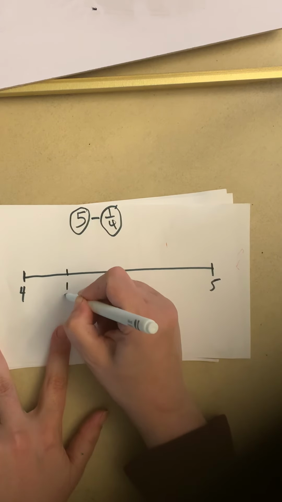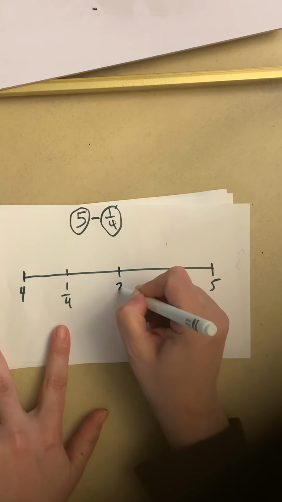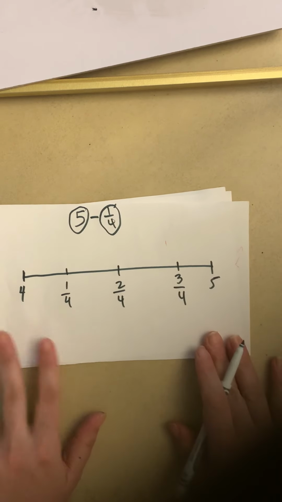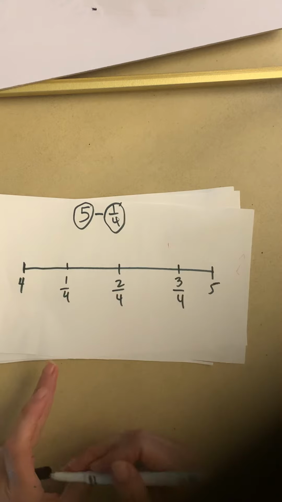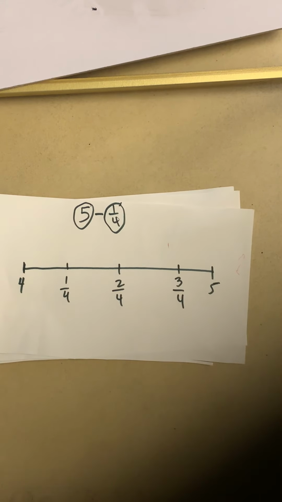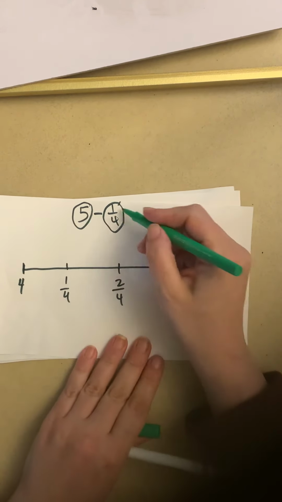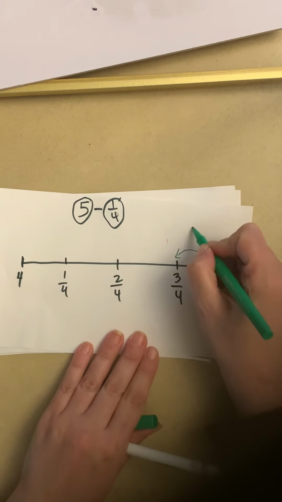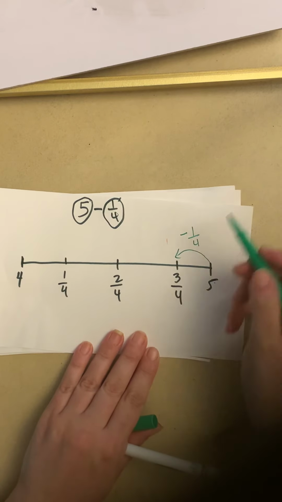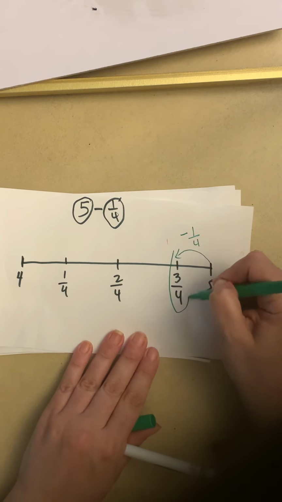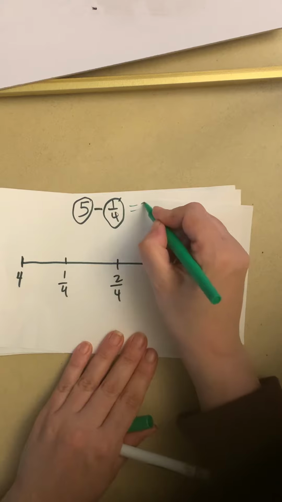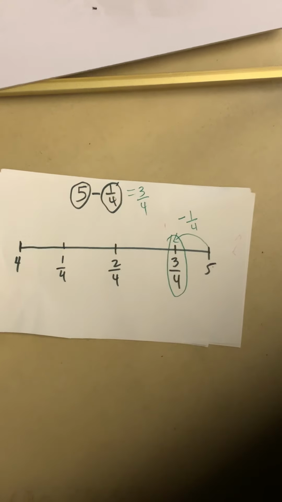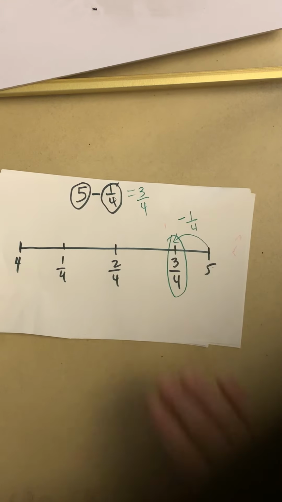So I have 1/4, 2/4, and 3/4. Okay, so I partitioned it. Now I'm able to take away a fourth. So I have 5 and take away 1/4. Where did I leave off at? It's 4 and 3/4. That's my answer. It's as easy as that. That's it. Simple and easy.